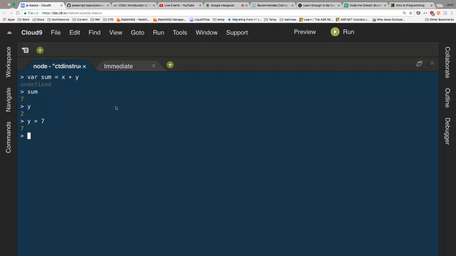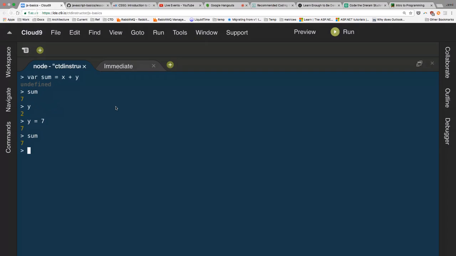Now, do we think that's going to change the value in sum, because sum was computed as X plus Y? No? Yes? Who's for yes? It's going to change the value of sum. All right. Who thinks it won't? Yeah.